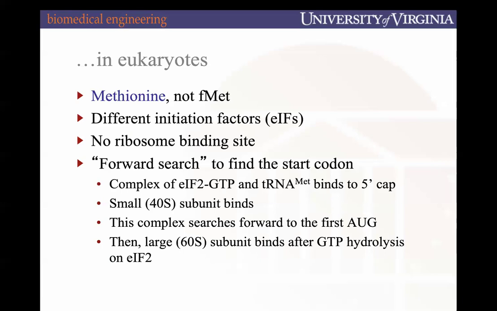Once it is found, what's common between both prokaryotic and eukaryotic is that the initiation factors have a GTP. So that GTP, its main role is to enable the binding of the large subunit to the small subunit and the formation of the full ribosome. Does that help clarify?